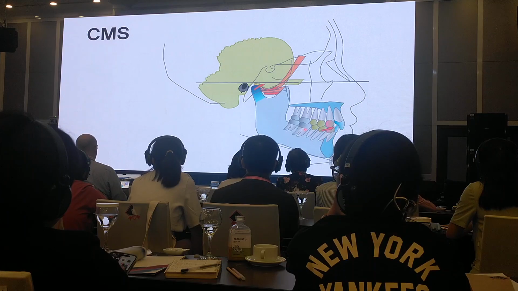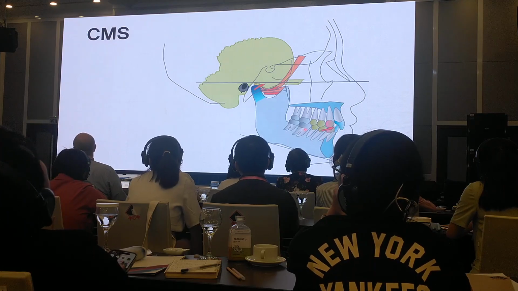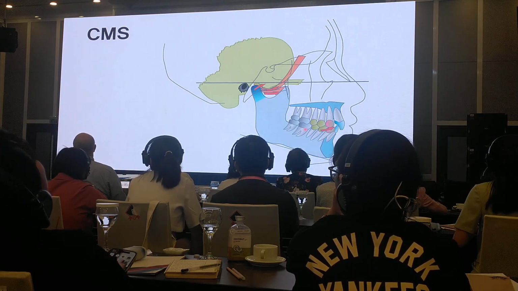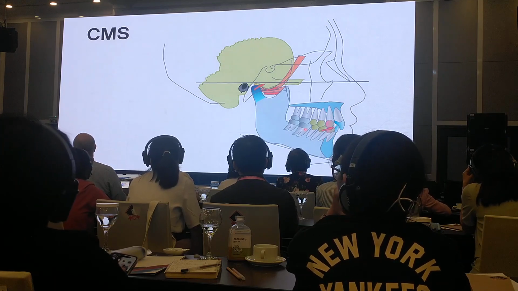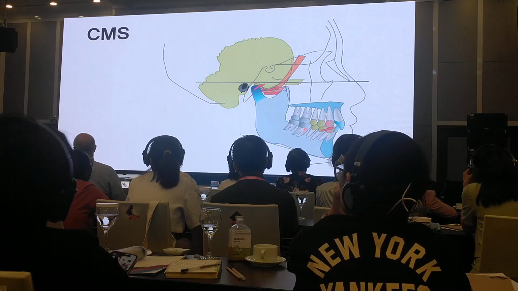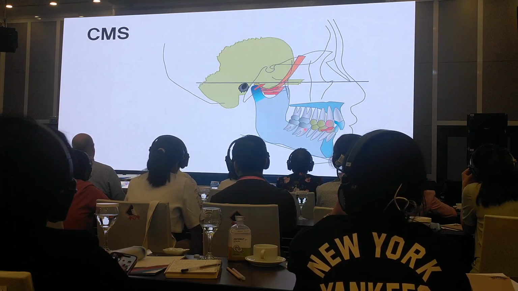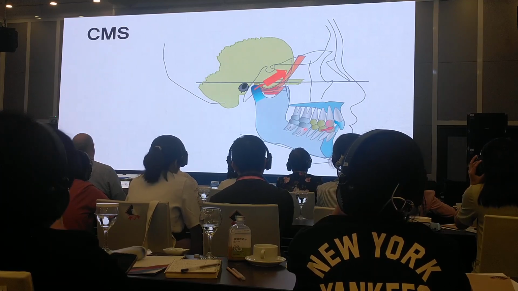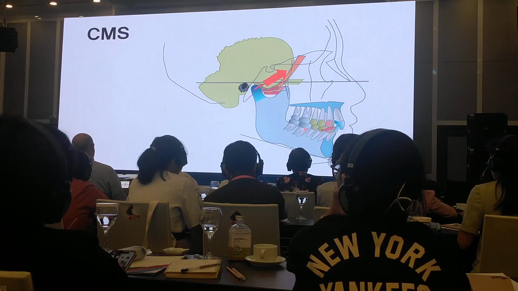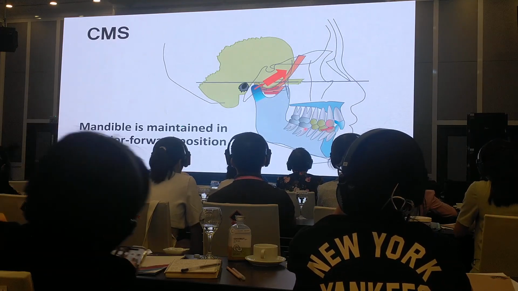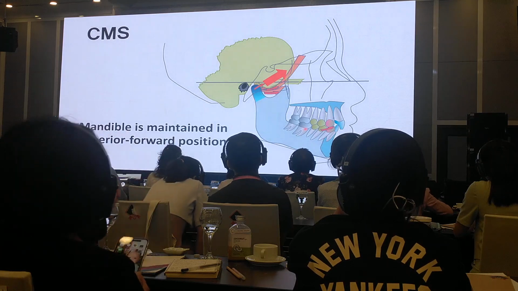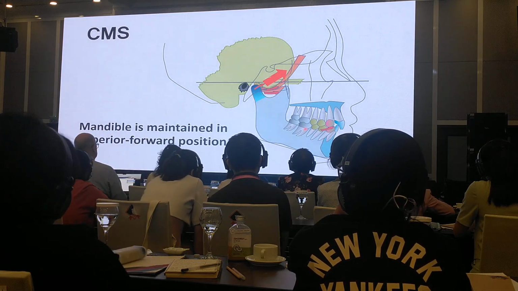Also, after complete permanent dentition, this system still keeps the mandible in the forward position. Yeah? Therefore, working this way, the mandible is maintained in a superior forward position.